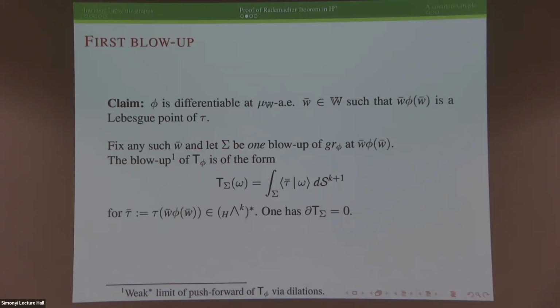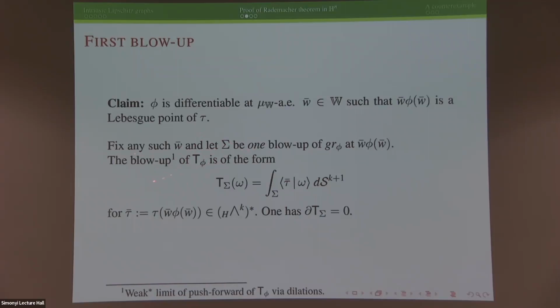So you can recover sigma by blow-up, meaning that there is a sequence of scales along which, when you dilate according to these factors, your graph is converging to this sigma. And now you could do the following. So consider, sigma is a limit of blow-ups at some scales of the graph of phi.